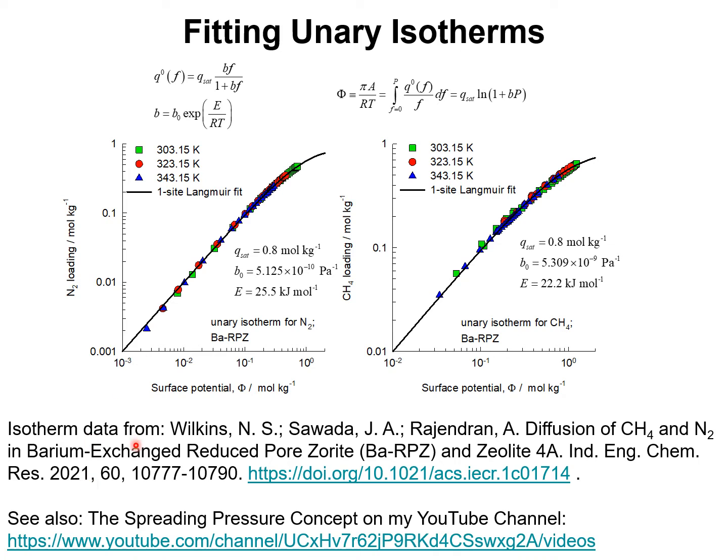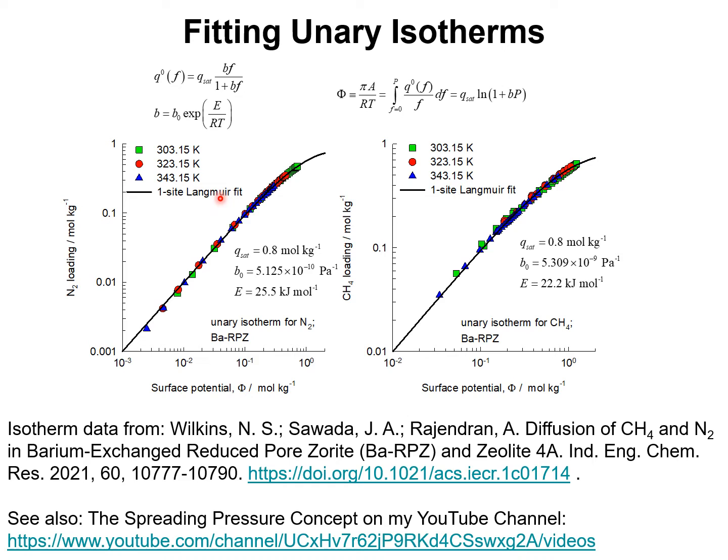The experimental data at 3 different temperatures, 30 degrees centigrade, 50 degrees centigrade, and 70 degrees centigrade, can be fitted for both components, nitrogen and methane, using the single site Langmuir model, where the Langmuir parameter B is temperature dependent.